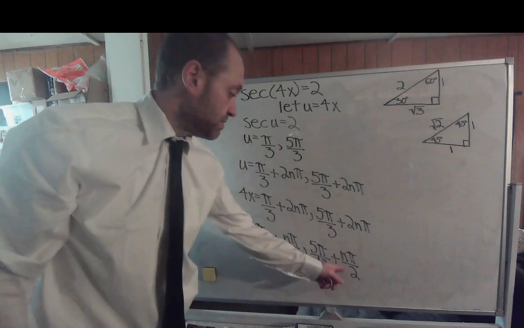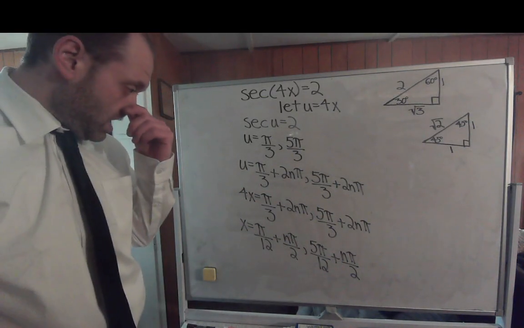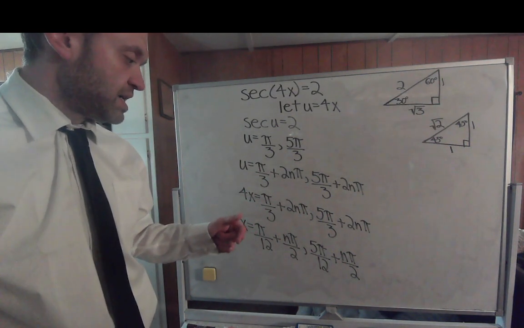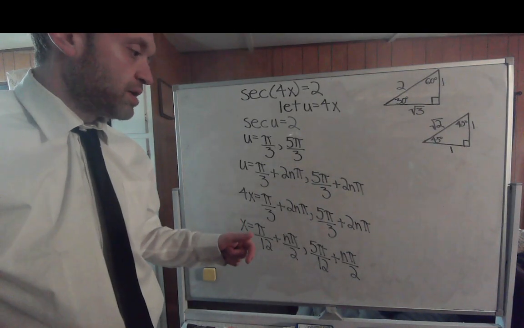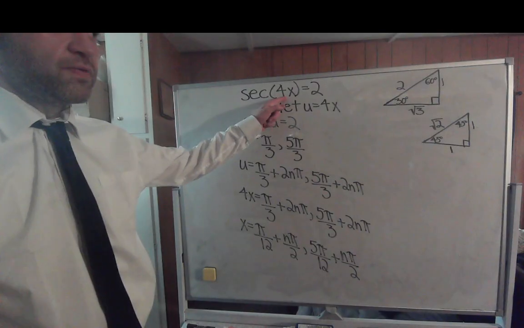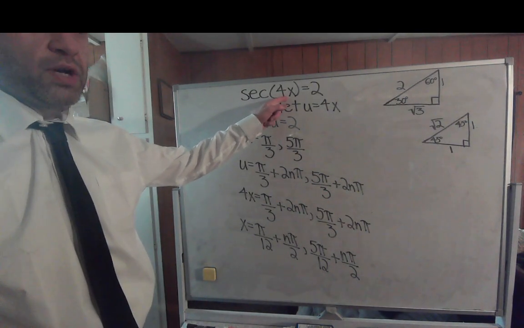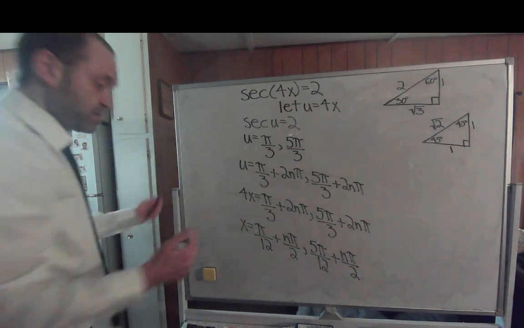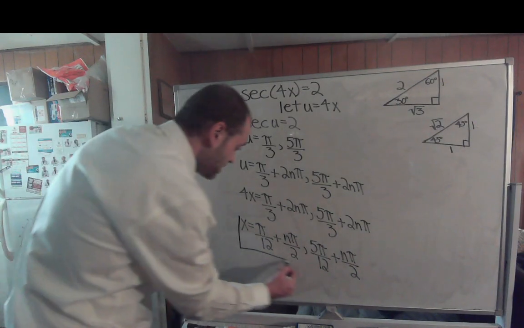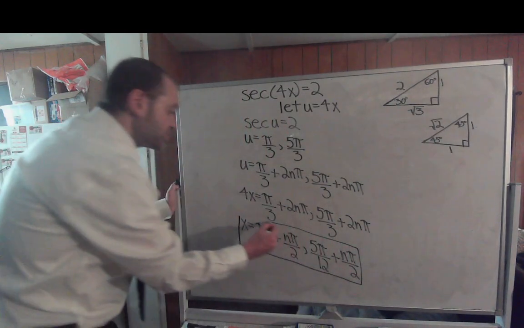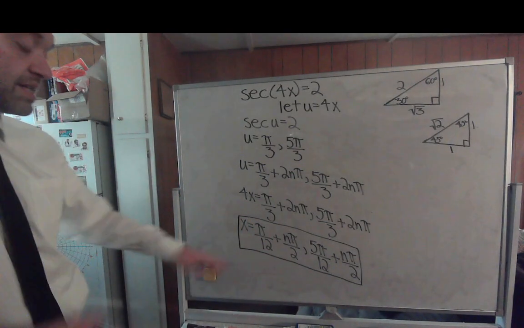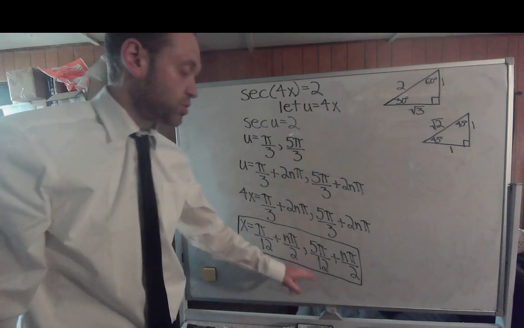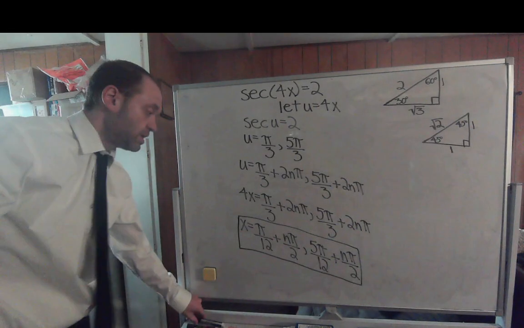If I add a pi over 2 to that, so that would be 6 pi over 12, I would get 11 pi over 12 times 4 would be 11 pi over 3, which would be 5 pi over 3, so that works. So my two general solutions are going to end up being x equals pi over 12 plus n pi over 2 and 5 pi over 12 plus n pi over 2.